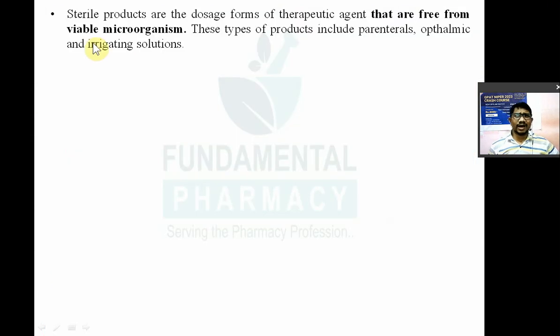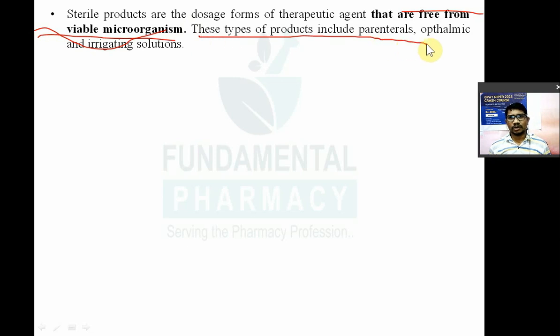Now sterile products are the dosage form or therapeutic agent containing a drug that is free from any viable organism. Viable means क्या होता है? Viable मतलब जिंदा. Parenteral products or sterile preparations should be free from any viable form of organism, containing drug, and should be isotonic with the body fluid and pyrogen free.